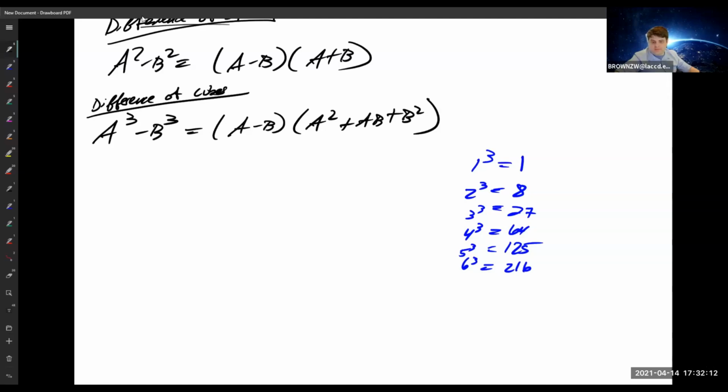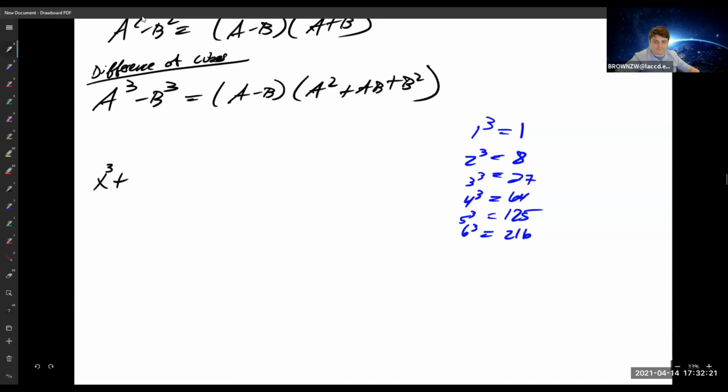Well, let's say we have something like x cubed minus 8. Kind of like how we did it with squares, except we're doing it with cubes. This is a perfect cube of x. This is a perfect cube of 2. Oops, pardon me, I wanted this to be minus. So going to my formula, this is going to be my a value.